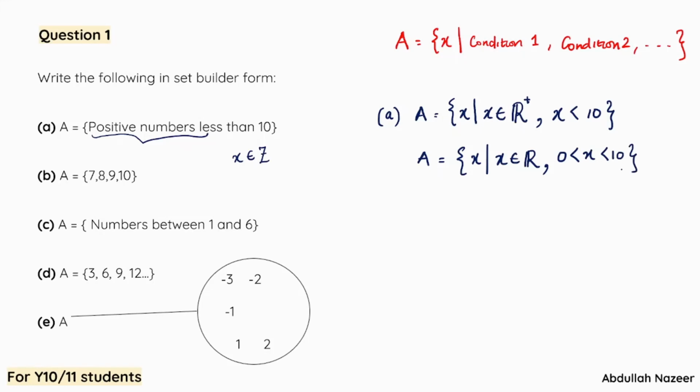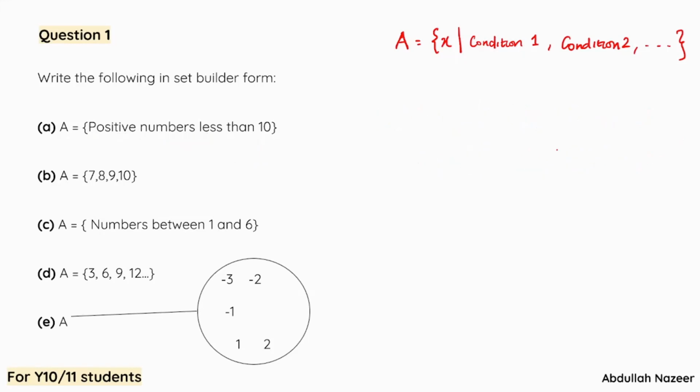Now both of them actually tell the same thing. The reason why I didn't mention this part in the previous answer is because I've already mentioned it's positive. If it's positive, it has to be anyway greater than 0. So since I've mentioned this positive sign in the last answer that I gave, I don't need to mention that again. Both of these methods are absolutely correct. You can use either of them to answer this question.